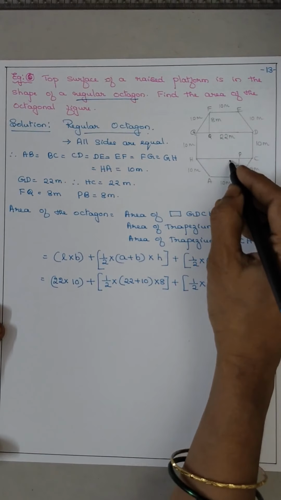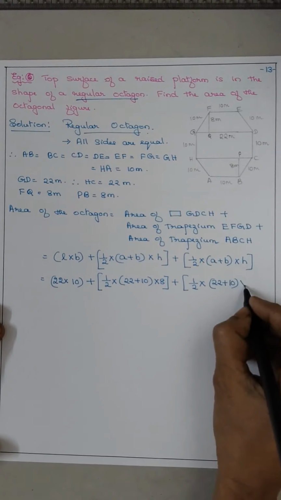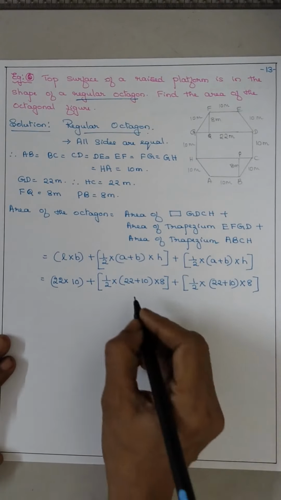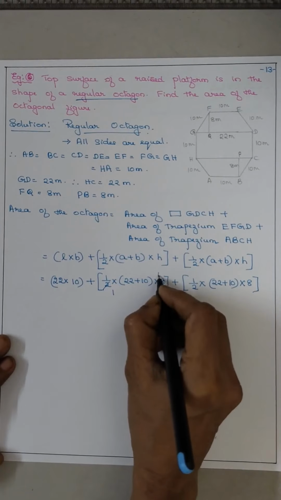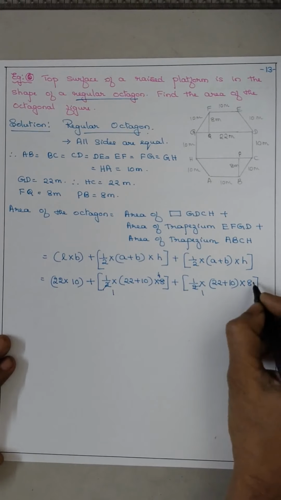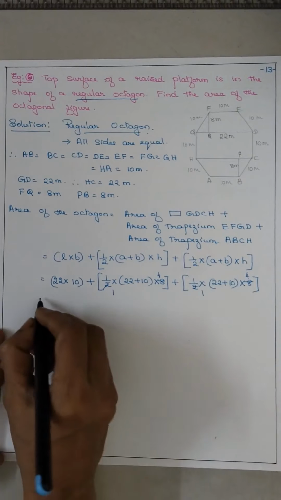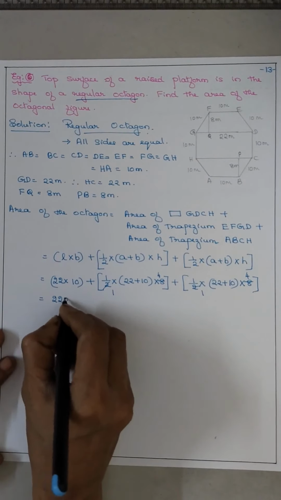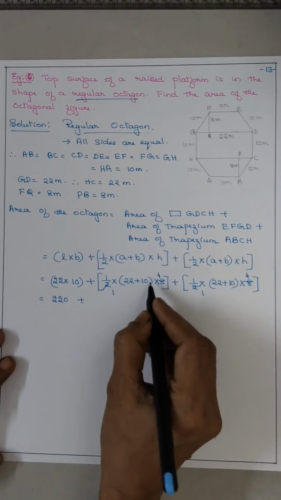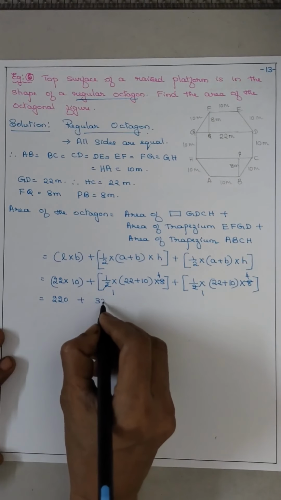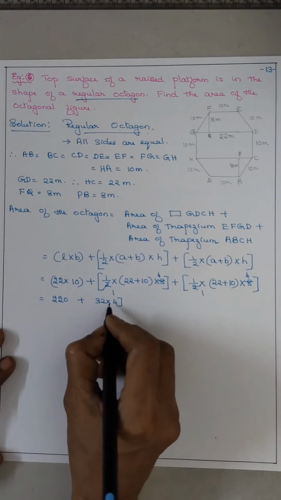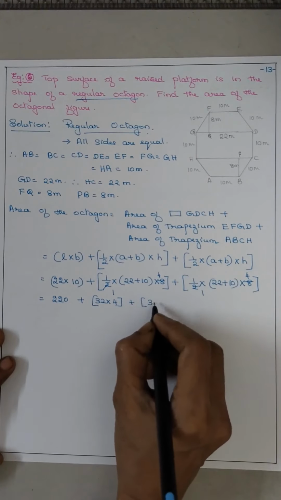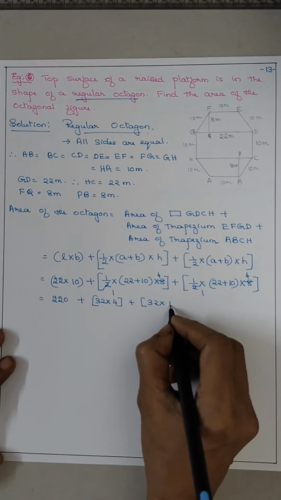This is 22. This also should be 22. Into height is 8. Now 22 into 10, 220, plus half into 22 plus 10, 32, into 4.